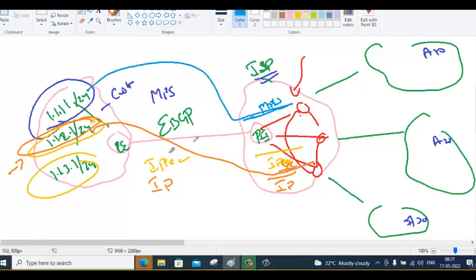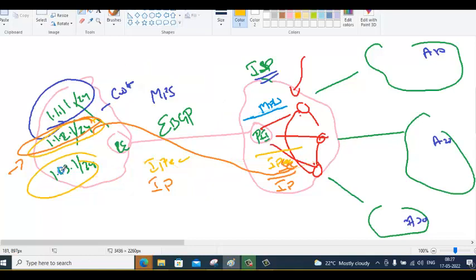If it comes from yellow, it should go via IPsec. Encrypted. This is what expectation from the customer side.